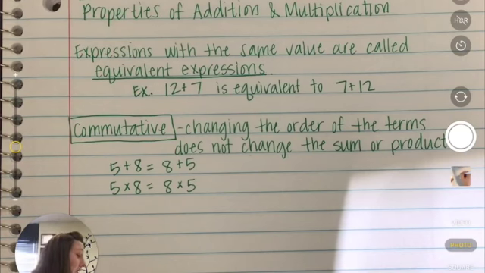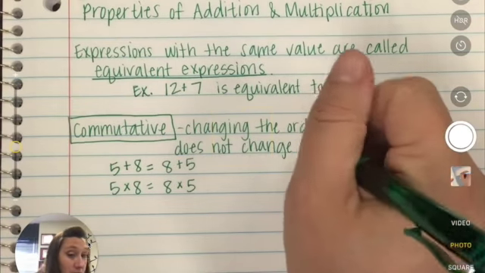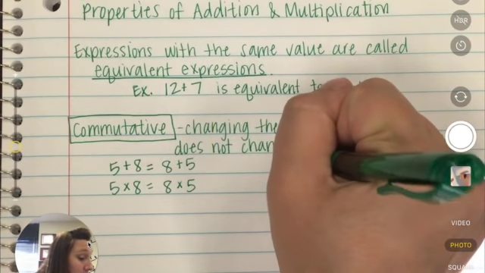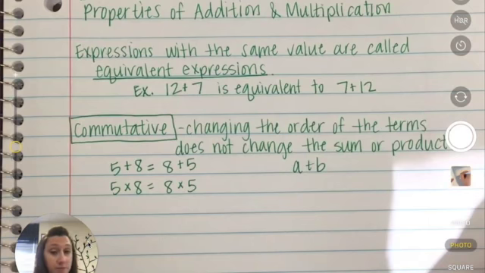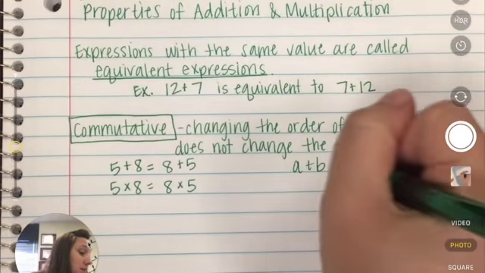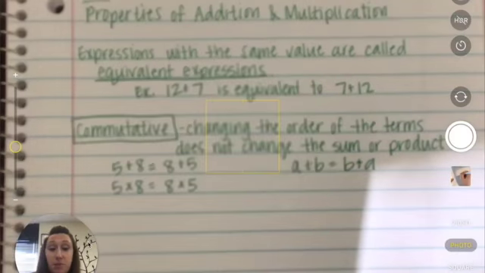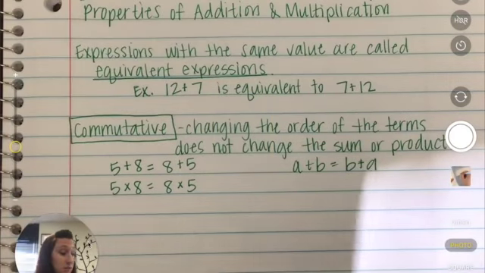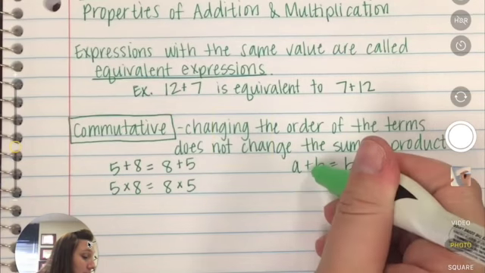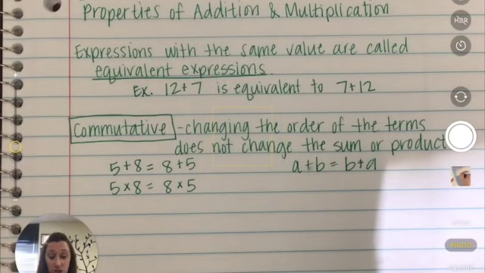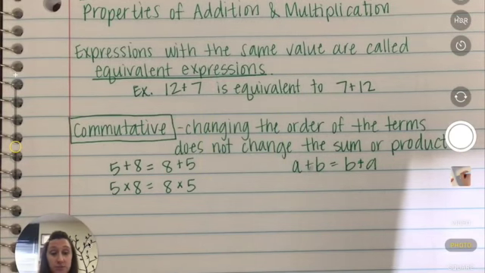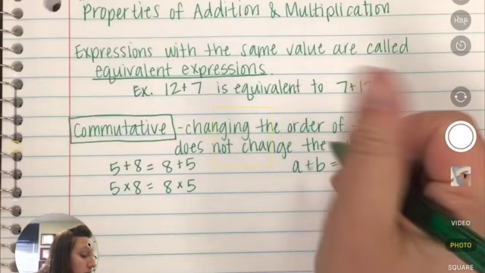The same thing will happen when I have variables. Okay, and I could have one or two variables. A plus B is the same as B plus A. So that's the commutative property of addition. Look a little funny there. Commutative property of addition with variables. Okay. Same thing.